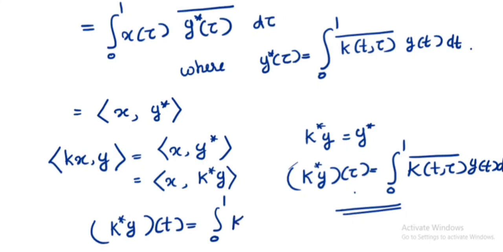K, you replace t by tau and tau by t, conjugate y(tau) d tau. Okay, so I am replacing tau by t. K star y of t is equal to the integral from 0 to 1 of k(tau, t) y(tau) d tau. Therefore, this is the adjoint operator.